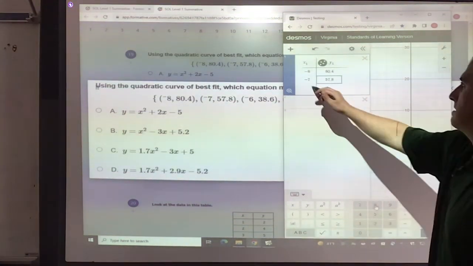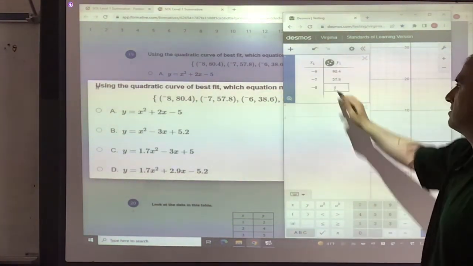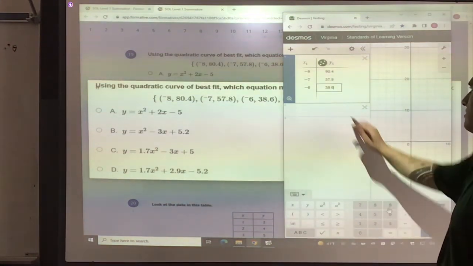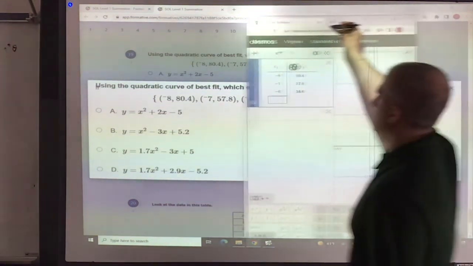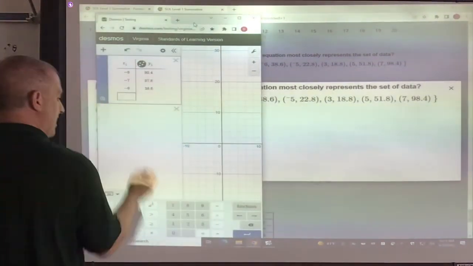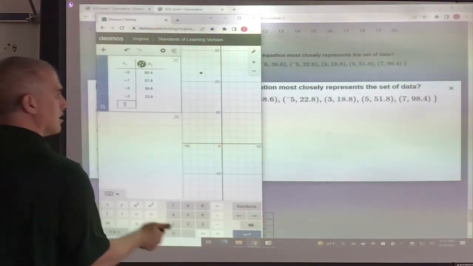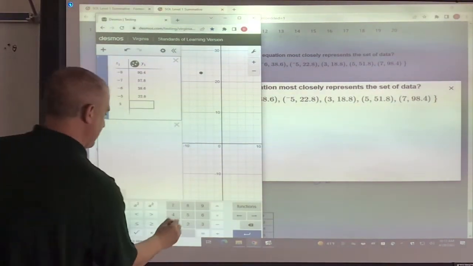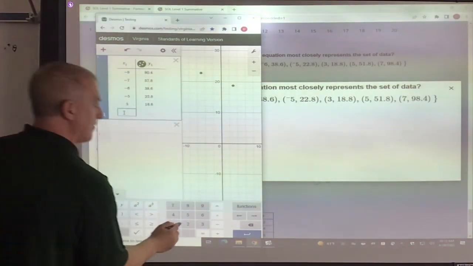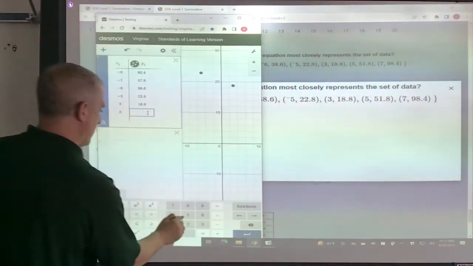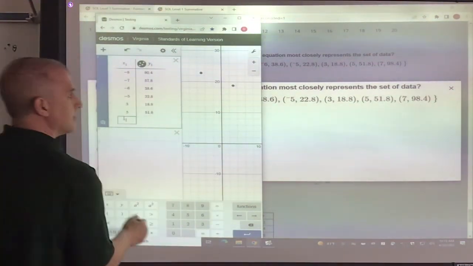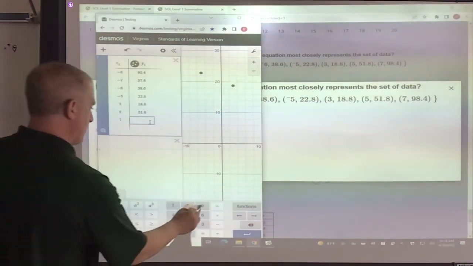57.8, negative 6, 38.6, negative 5, 22.8, 3, 18.8, 5, 51.8, 7, 98.4.